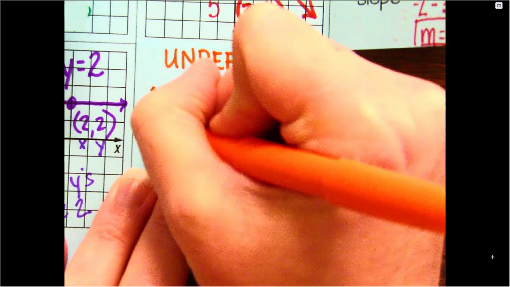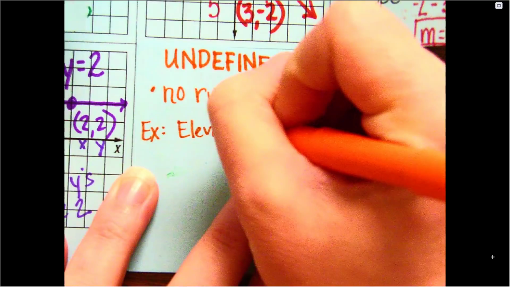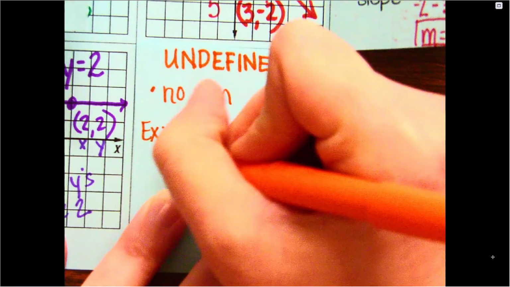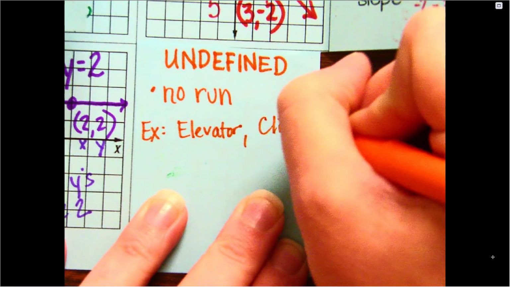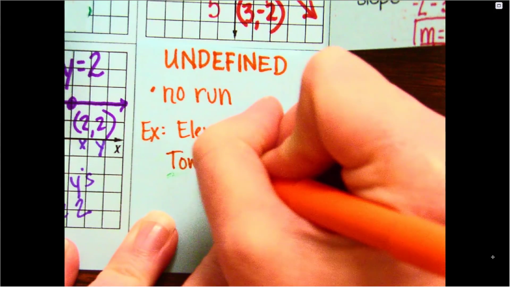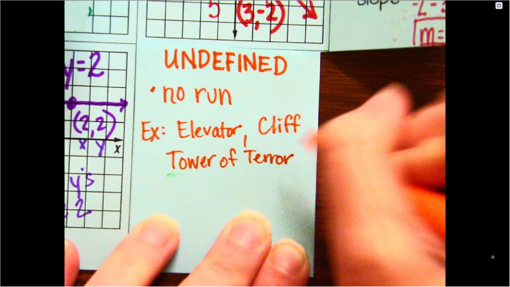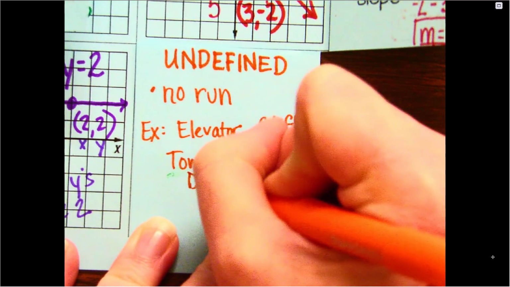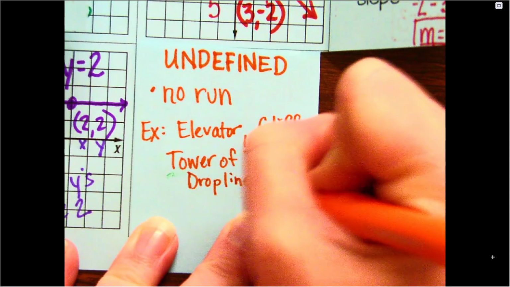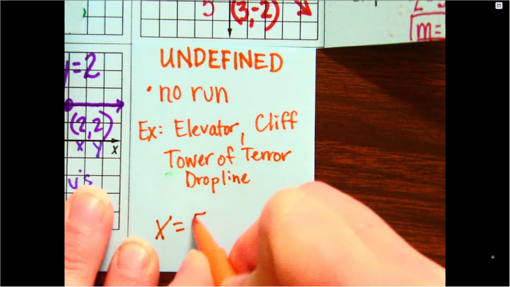Some examples of that in the real world would be an elevator, or a cliff, or the Tower of Terror, if you like roller coasters, or thinking smaller, the drop line ride. Same thing. Okay, an equation for that would be x equals 5.